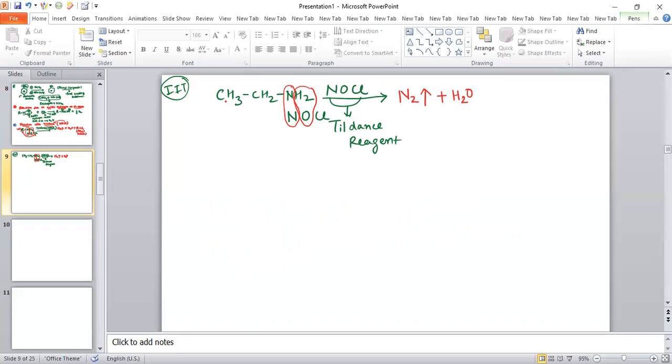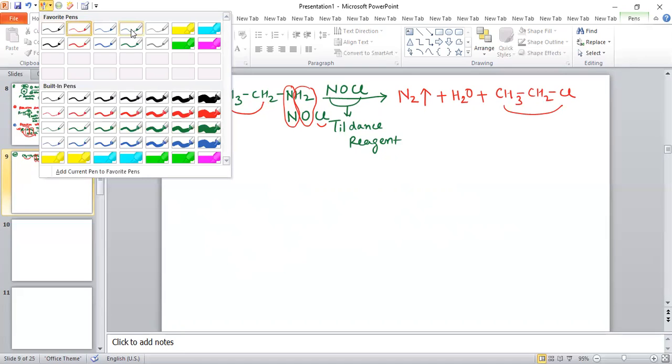This CH3CH2 will combine with Cl. So when this CH3CH2 combines with Cl, this forms CH3CH2Cl. So ethyl chloride is obtained as a product.